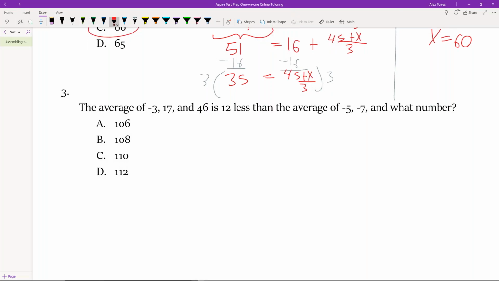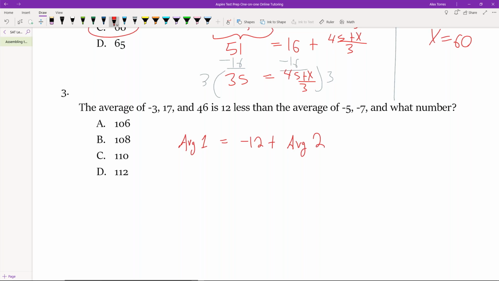And so here we have the first average is 12 less than the second average. So if something is 12 less than something else, the less than can be expressed as adding a negative number to it. So we're taking away 12 from it is another way to say that.